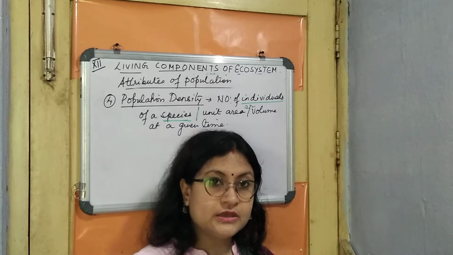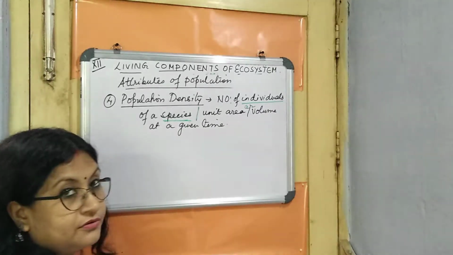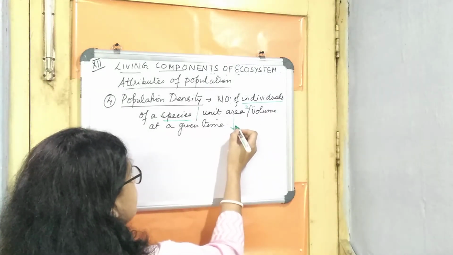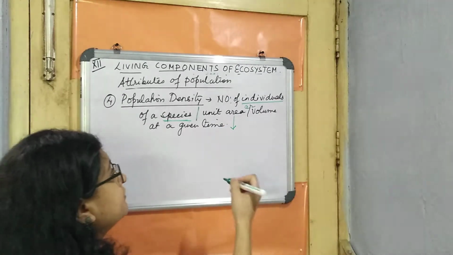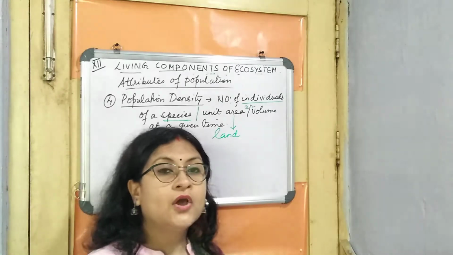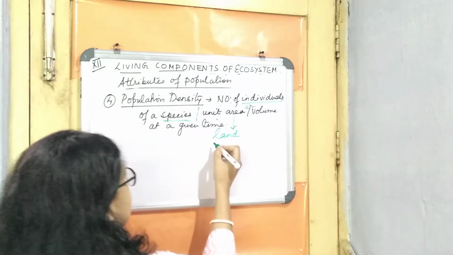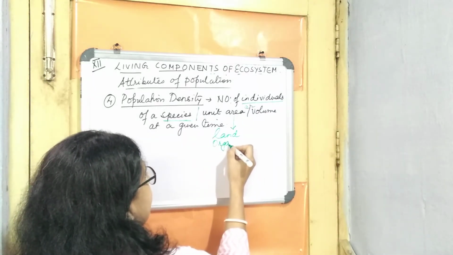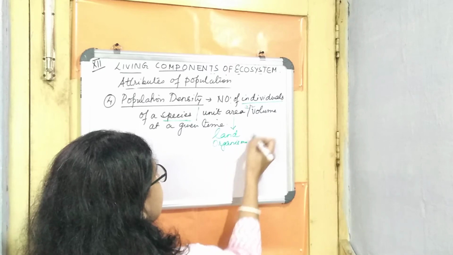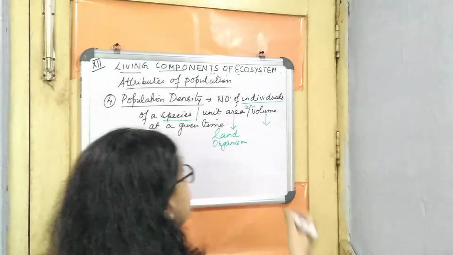Now I will explain why we have written both area and volume over here. Area we write in the case of land organisms. When we talk about the population density of land organisms, we write it as area. In case of aquatic organisms, we write it as volume.